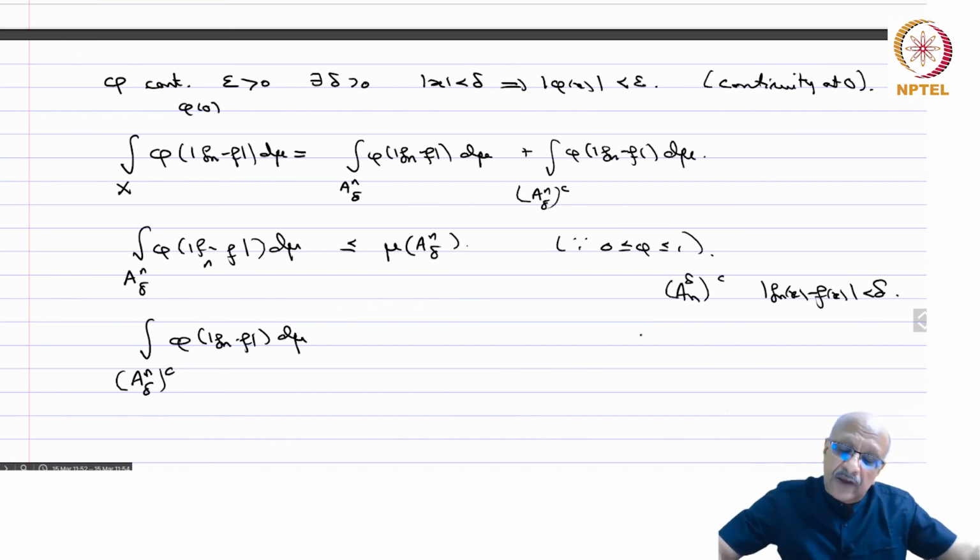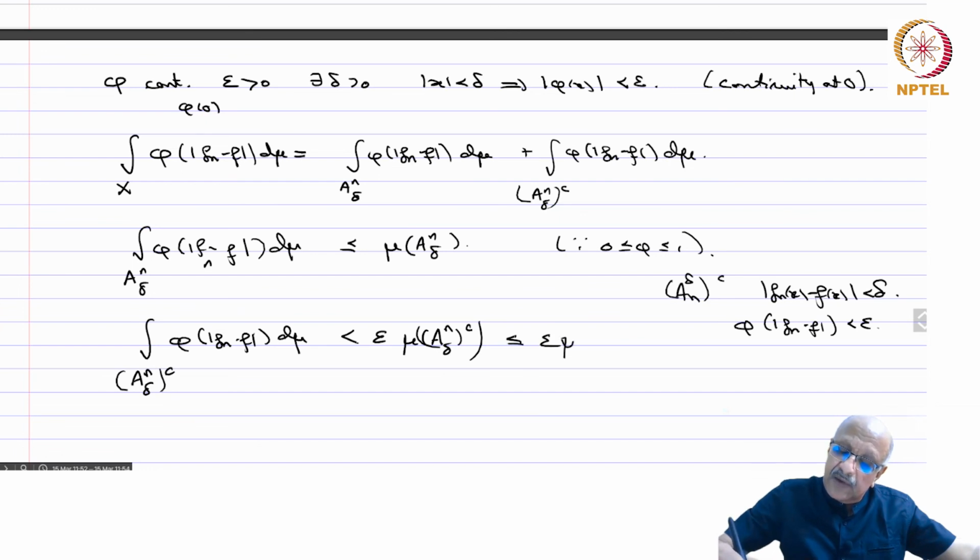So phi of mod f_n minus f is less than epsilon. So this is less than epsilon times mu of A_n delta complement, and we don't know anything about it, but this is less than mu of X, so that's equal to epsilon times mu of X.